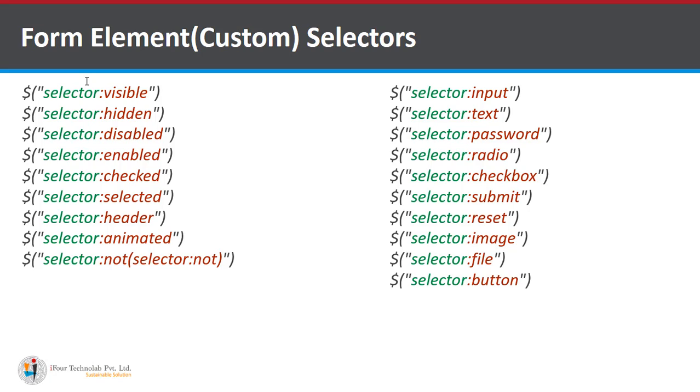Fourth one is $ selector enabled, used for finding all enabled elements from the HTML body. Fifth one is $ selector checked, used for finding all checked checkbox elements from the HTML body. Similarly, all other form selectors are used for finding HTML elements from the HTML body. You can see here, others are described below.